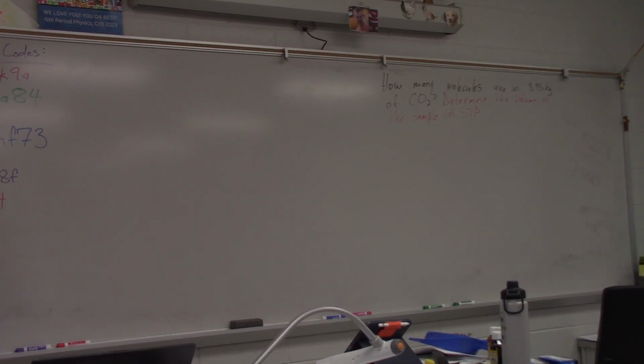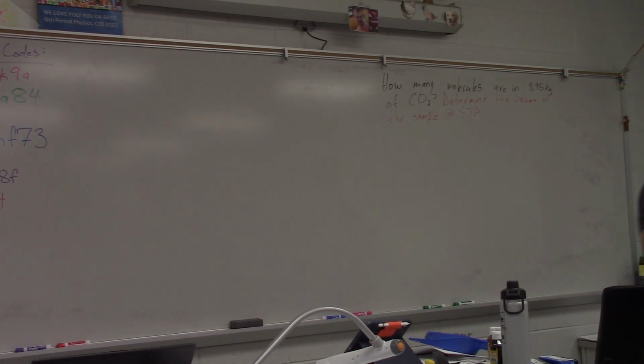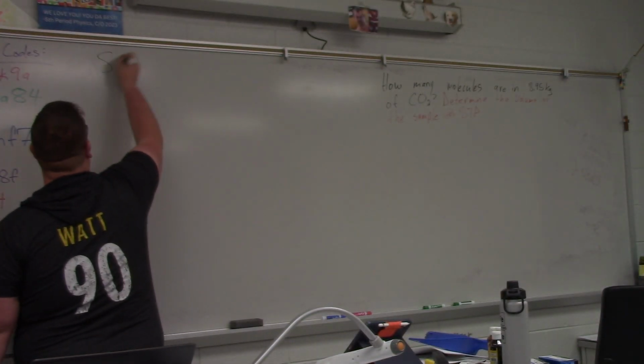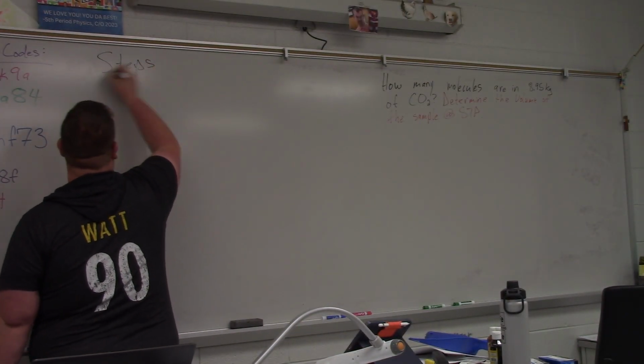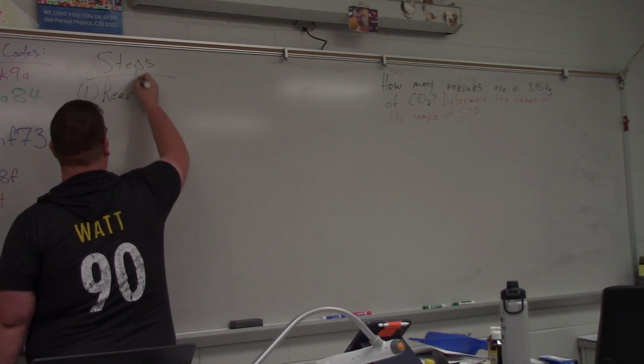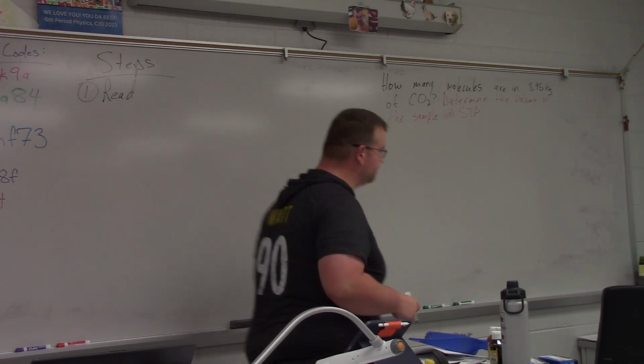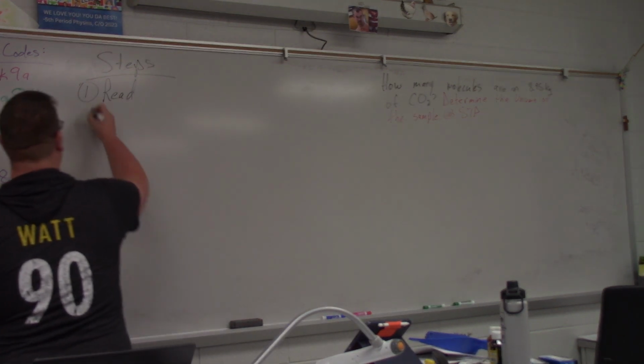Here's what I'm going to do because I am noticing some issues and problems. I'm going to try and write some steps down as I go through this. So here are my steps. Step 1, read. Can't do nothing until you read the problem. Step 2.